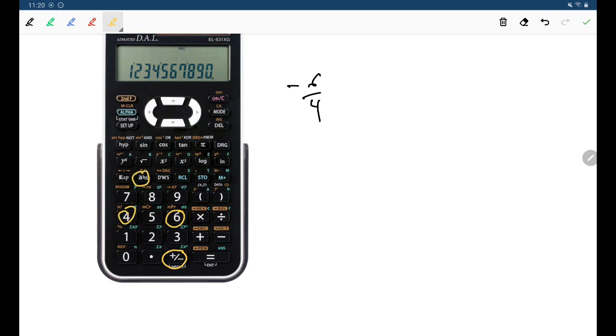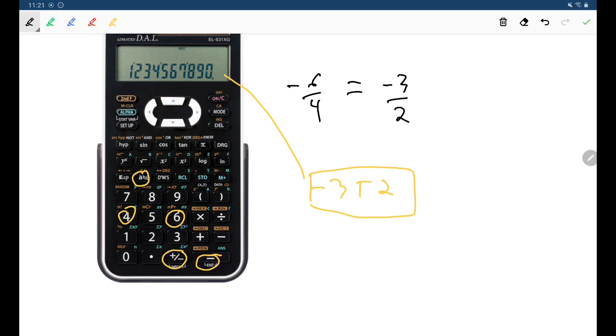And the nice thing about our calculator is, in addition to doing arithmetic with fractions, it also simplifies fractions for you. So if I entered in -6/4 and then hit equals, my calculator will give me as the output -3/2. And that's how I would know, without needing to do any of the heavy lifting myself, that my slope simplifies to give me -3/2.